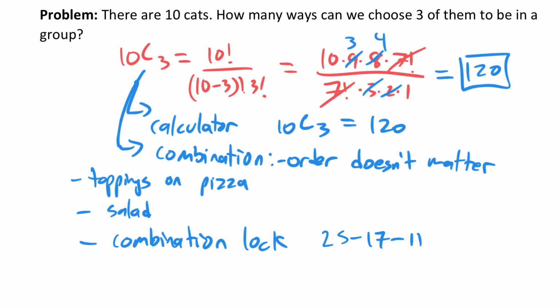Well, no, the order you put the numbers in matters. So a combination lock is not actually an example of a combination. We should probably be calling it a permutation lock because the order you put the numbers in matters. So it's not a combo, it's a permo or something like that.